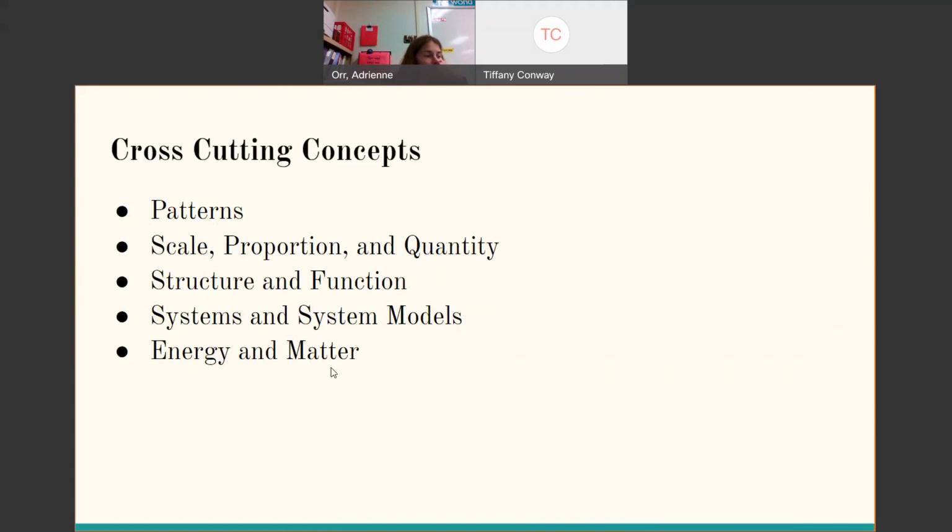We look at patterns a lot, especially when we're comparing the different organisms, like the way the chicken develops compared to the way a human develops. There's also a huge modeling component. That's one of their big final assessments too, drawing a model of that development over time. So that's a major component.